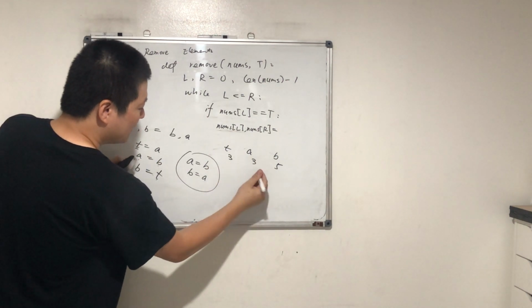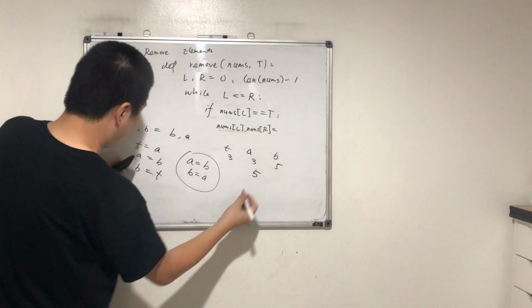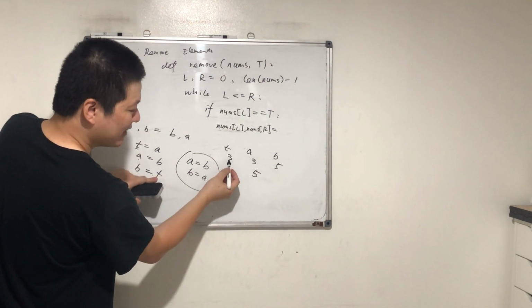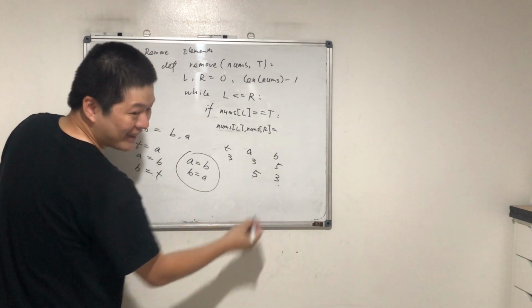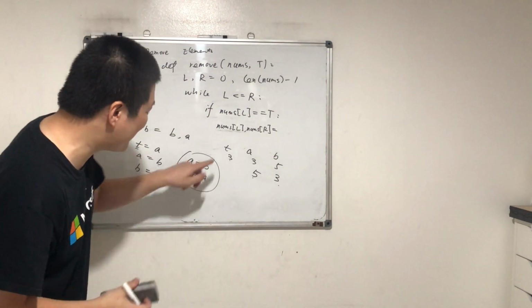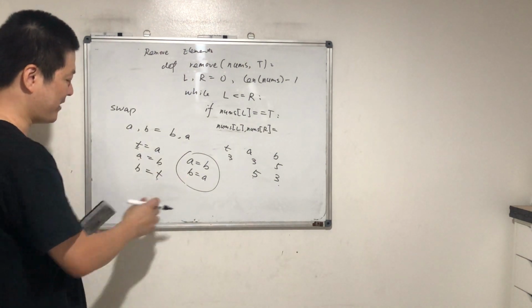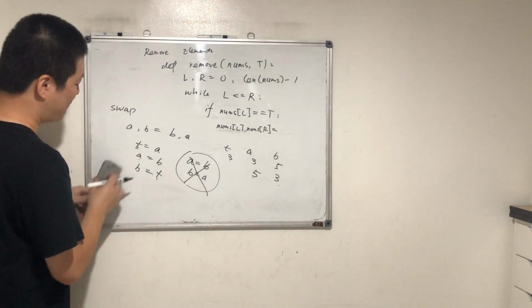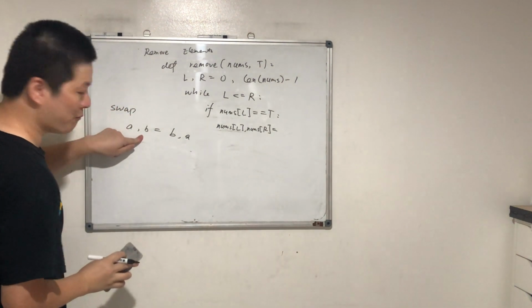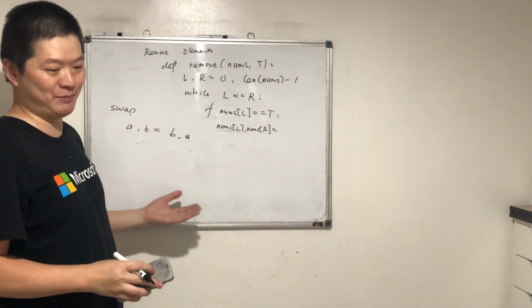A equals B, 5, and B equals T. You see? 5, 3. I use a variable to save the original, because by default this will not work. But in Python, you can do A, B equals B, A. That's simple, yeah?